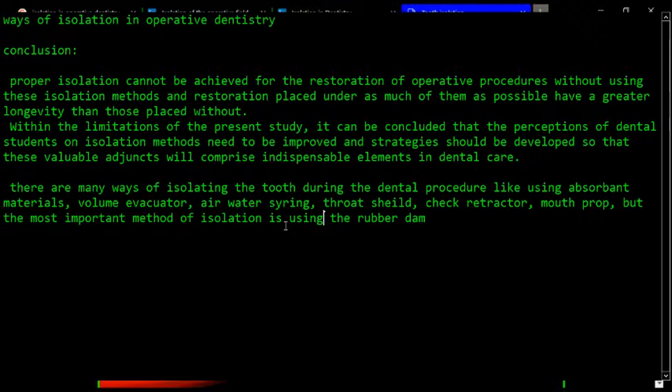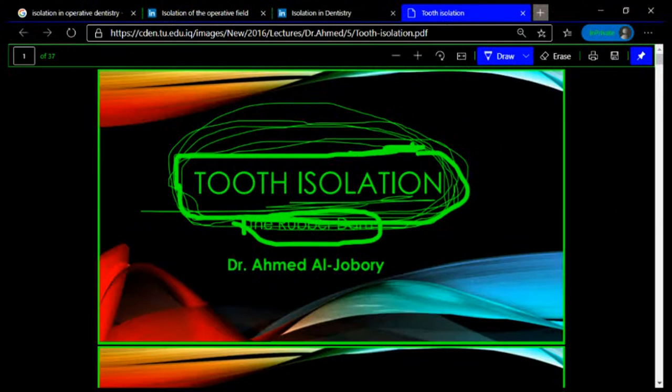Of course, there are pharmacological methods used to prevent or to isolate the tooth during procedure. Many methods actually are important. Then there are methods for gingival tissue management.